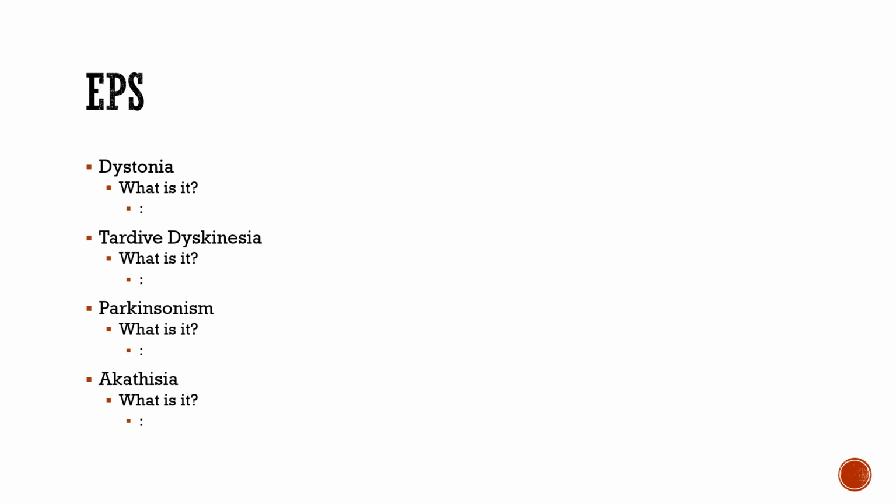Akathisia is that continuous restlessness, inability to sit still, constant moving, foot tapping. Pseudo-Parkinsonism looks just like Parkinson's disease: the shuffling gait, the drooling, the muscle tremors, the masked expression. And then tardive dyskinesia, that's the abnormal muscle movements, lip smacking, tongue darting, and the aimless arm and leg movements.